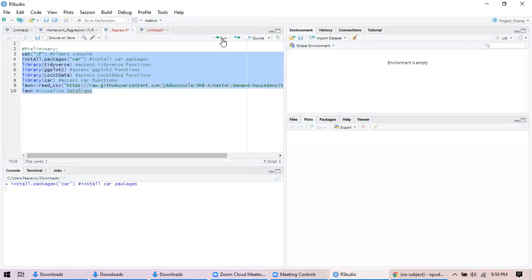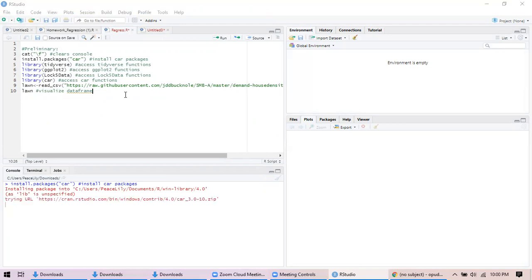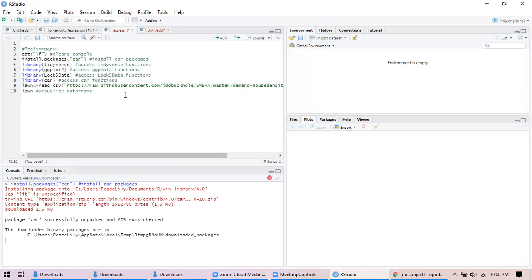So what it's doing now is installing all these packages that you're going to need for your program. There you go, it's doing it. It's doing the tidyverse.